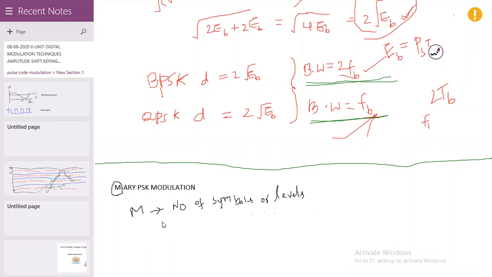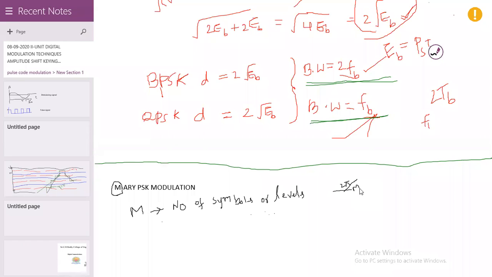So in M-ary PSK, the total angle of 2 pi is divided among the M symbols.